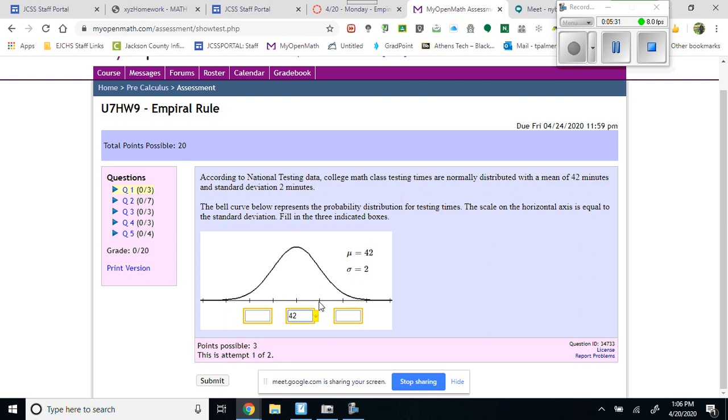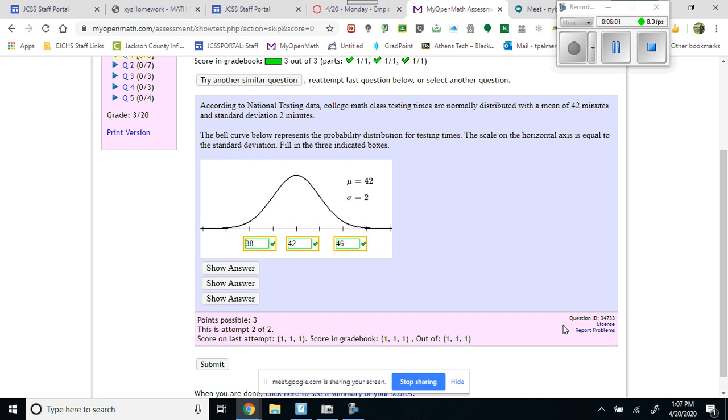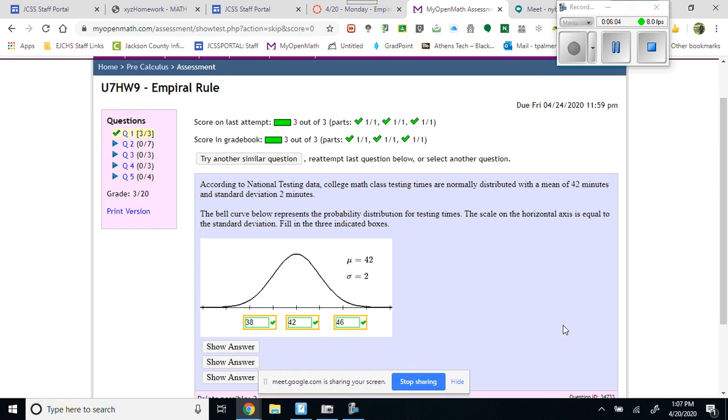And then this would be 1 standard deviation, this would be 2 standard deviations. So this one would be 2 plus 2, which would be 4, which should be 46, right? And if we go 4 below, that should be 38. We're having you understand where things are at and what their values are.